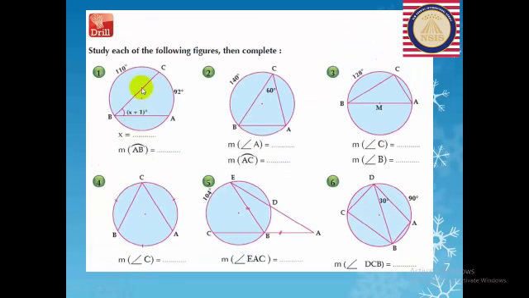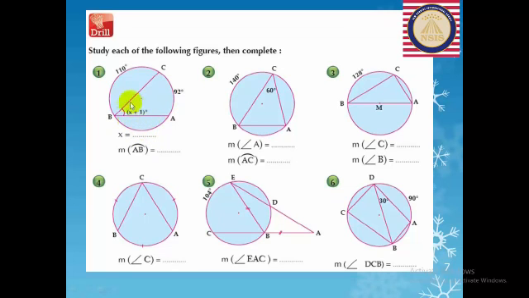Let's solve some exercises here. We have here an inscribed angle, and its arc is 92. So 2 times x plus 1 equals 92.